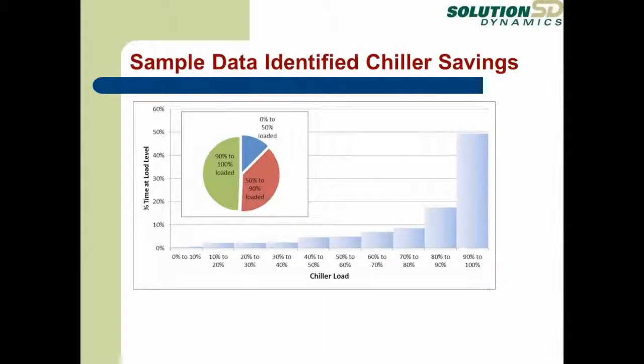Other things that we found from looking at what little data was available is, again, all variable speed drive chillers. However, they weren't operating the chillers at the best load point. So a variable speed drive chiller actually consumes more energy than a fixed speed chiller when it's operating at full load.